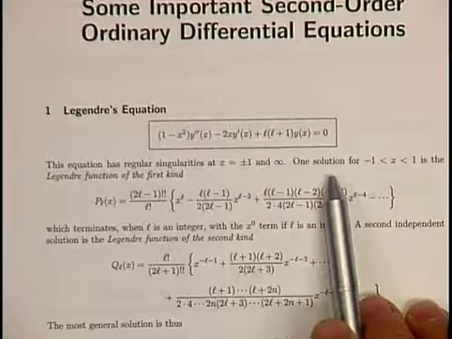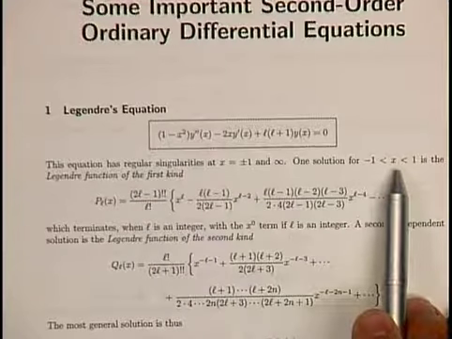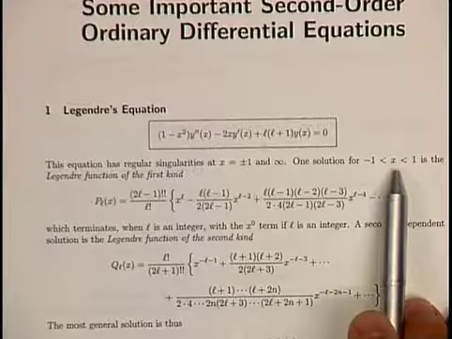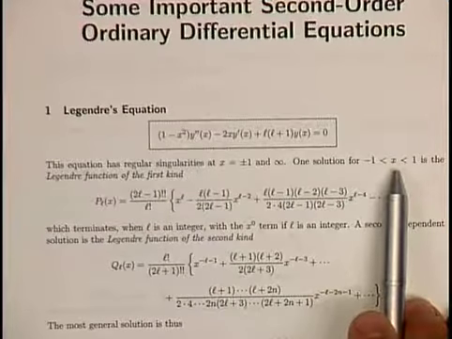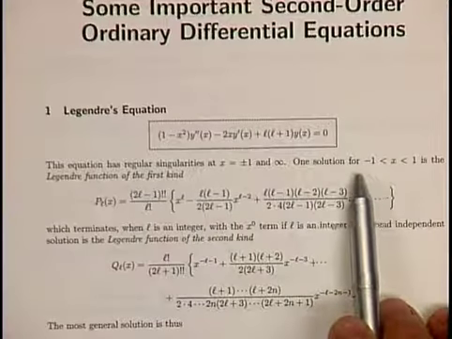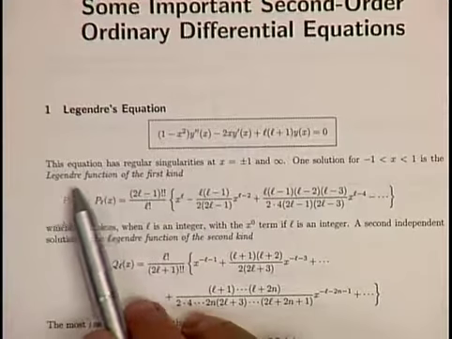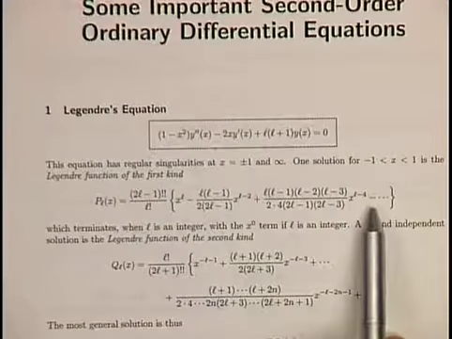We sought the solution last time around x equal to 0, and the solution was valid on the range where the absolute value of x is less than 1, which is equivalent to x greater than -1 and less than 1. In this case we obtain the Legendre function of the first kind, as you see it here.